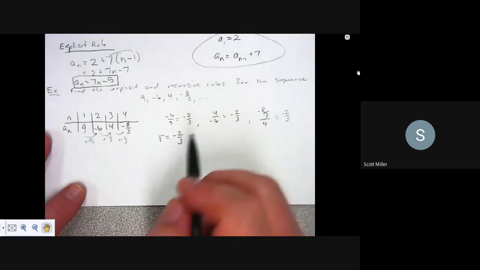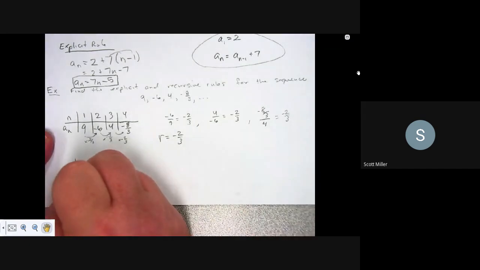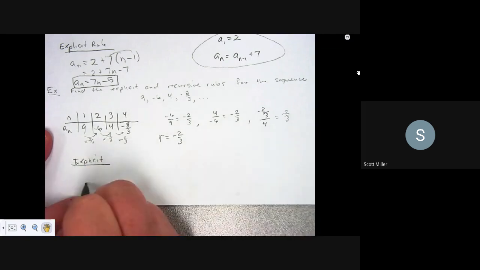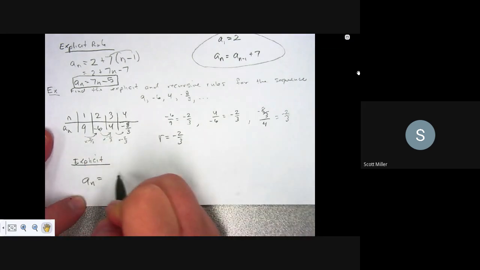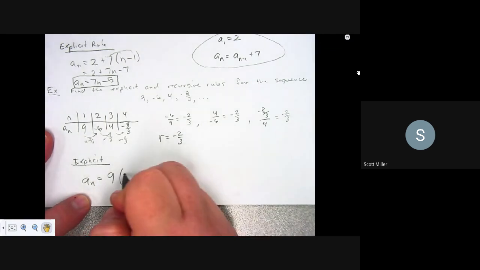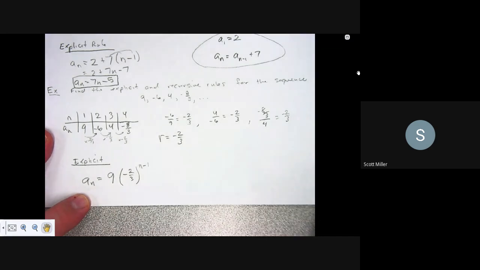Once I have that, then I have all I need to write the rules. The explicit rule, a sub n is the first term times the r always in parentheses, and then n minus 1. And there you go.